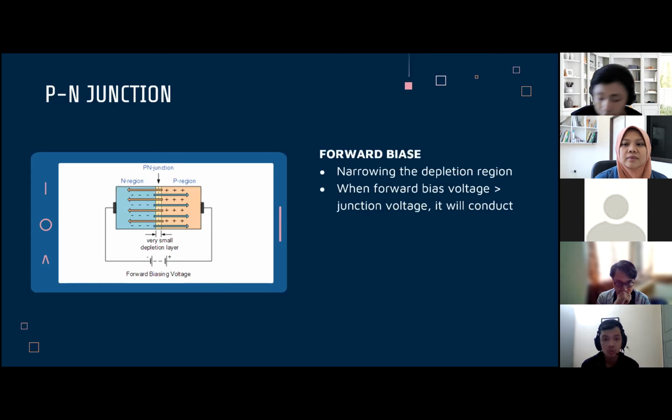When the P side is connected to the positive terminal of the battery and the N side to the negative terminal, forward bias happens, and it narrows the depletion region. If the forward bias voltage is more than the junction voltage, then the PN junction will conduct. It means the current will flow.